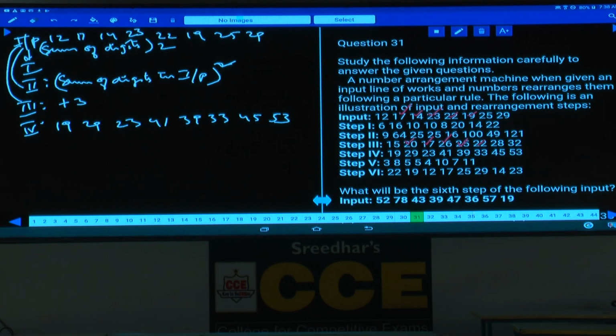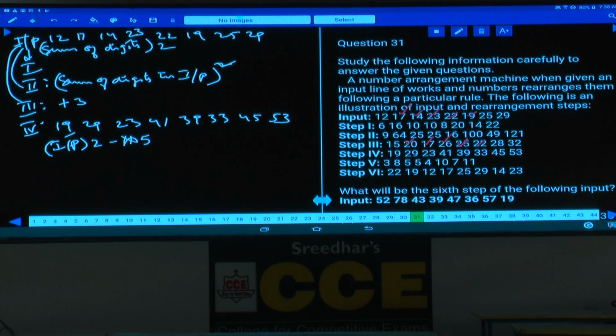Now how do you get 19 with the help of 12? 12 into 2, that means input into 2, minus how much? 12 into 2 is 24. 24 minus 5, isn't it?